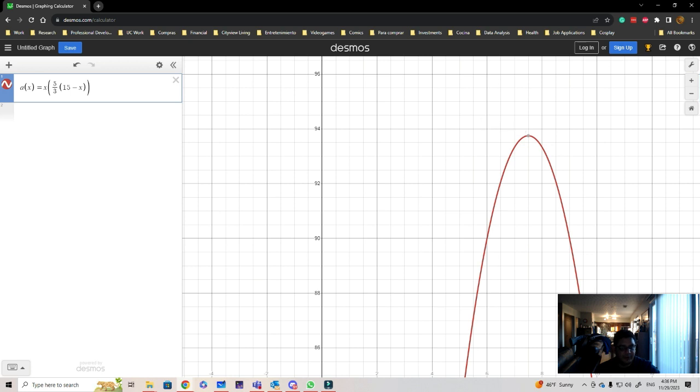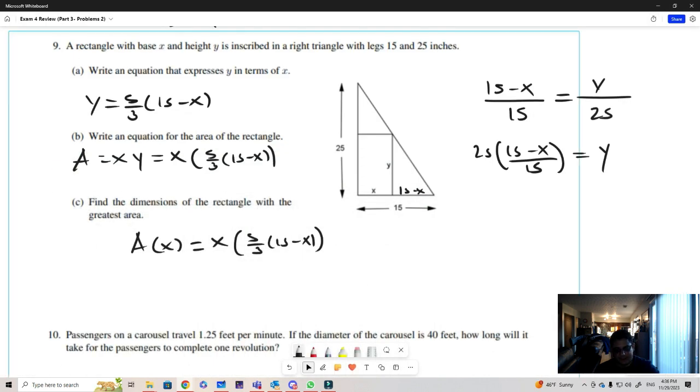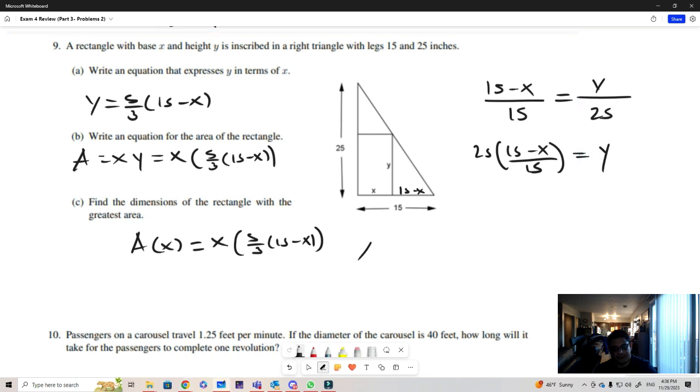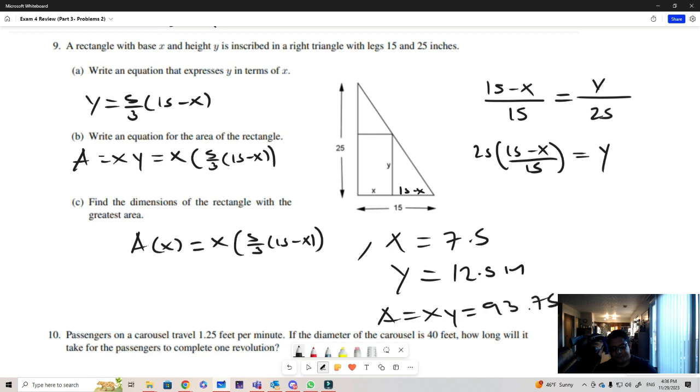So 7.5 will be the value of x. If I plug that into this equation to find y, I'm going to get that that's 12.5 inches. And of course, the area, that is x times y, will be 93.75. So that will be the way to optimize in this particular problem.